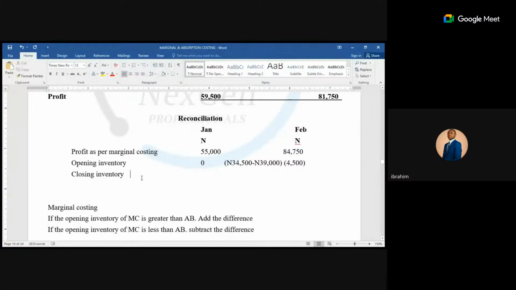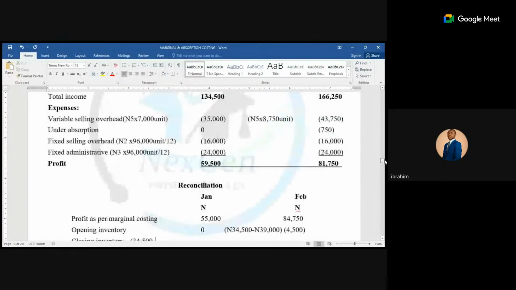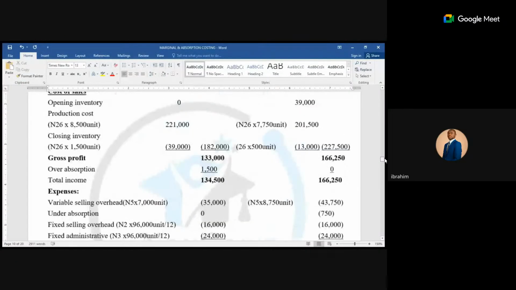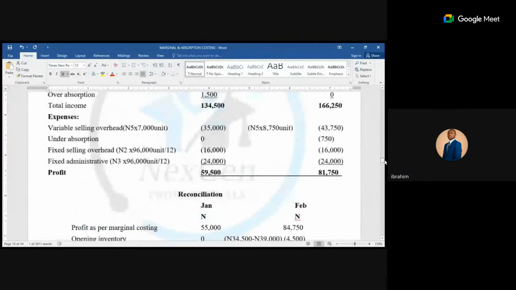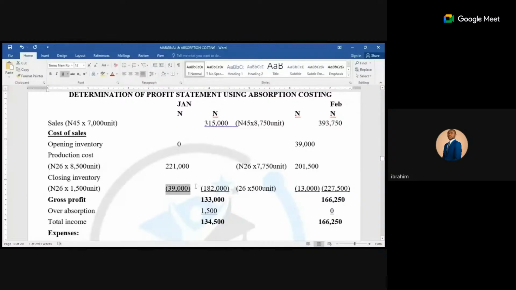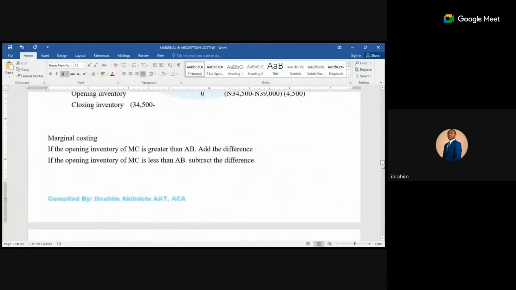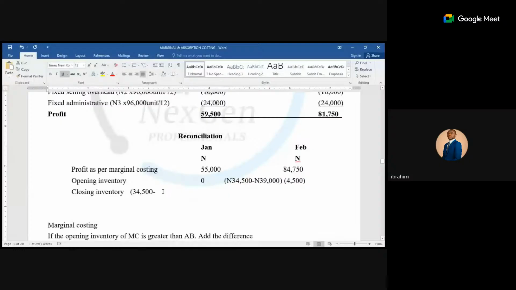So it is 34,500 minus the closing of absorption costing. What is the closing inventory of absorption costing? 39. Okay, yes, closing. It's 39 now. Is that not so? Yes, 39. Sorry, 39,000.